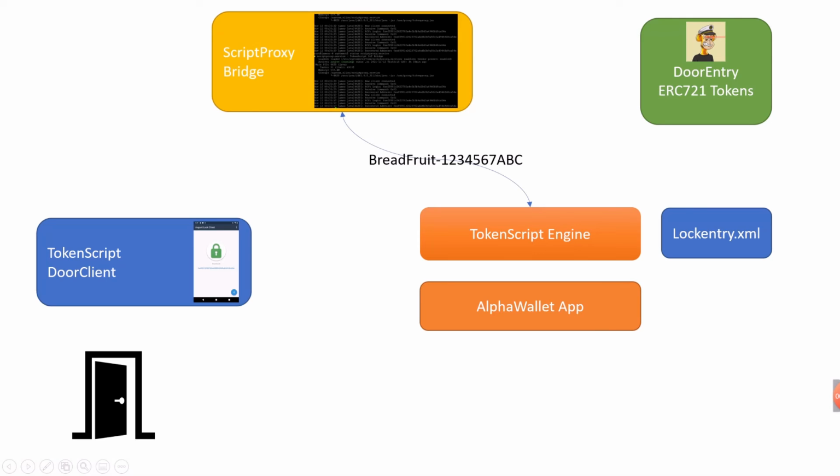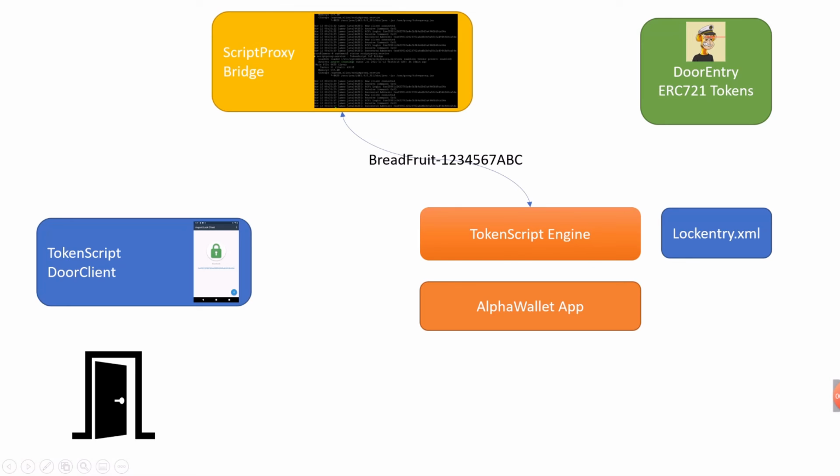The TokenScript door client generates a challenge, which looks something like this, and then transmits it back to the TokenScript engine. This just happens via JavaScript promises within the TokenScript, the lockentry.xml that we just edited. So now we are displaying this challenge.